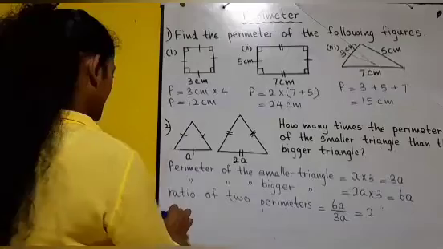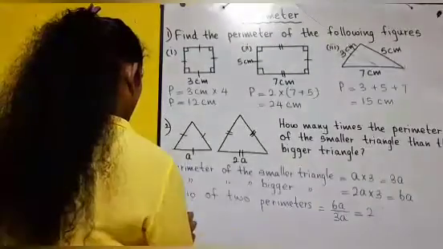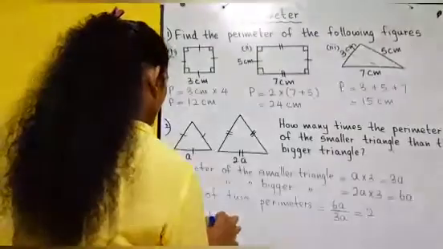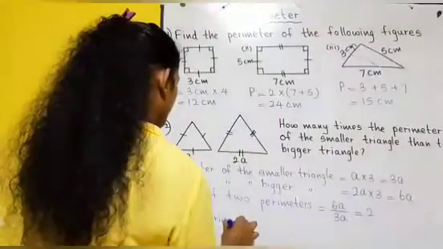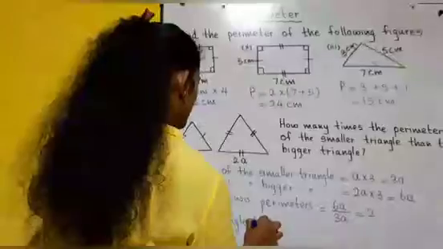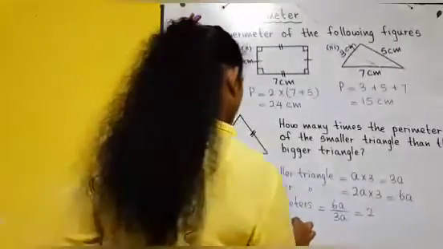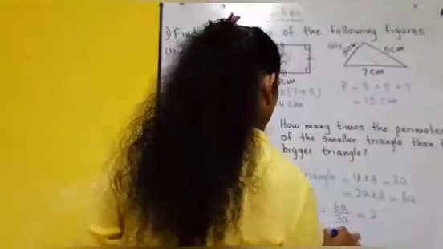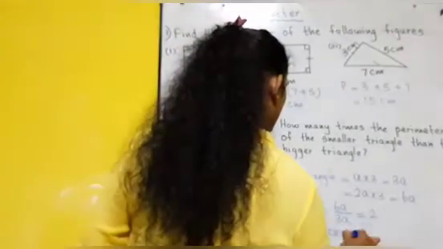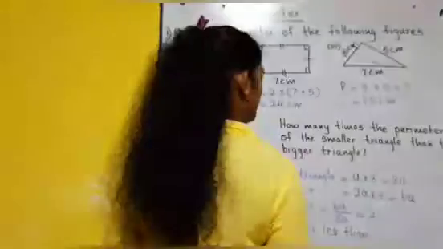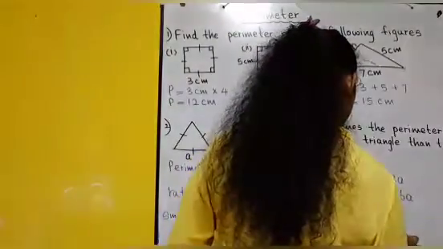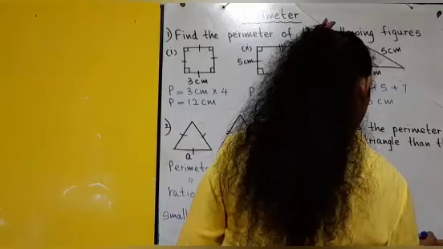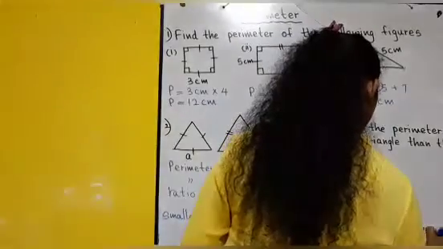You can write it. Smaller triangle is 2 times less than the bigger one. Bigger triangle.